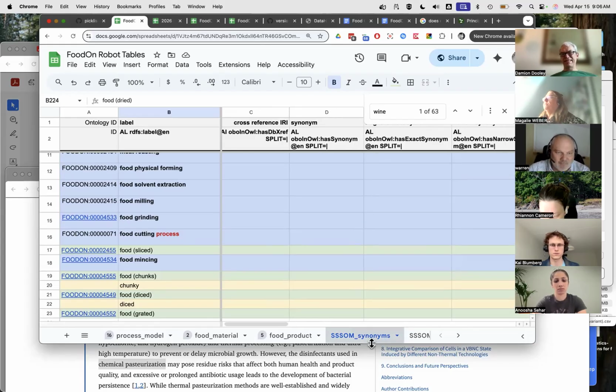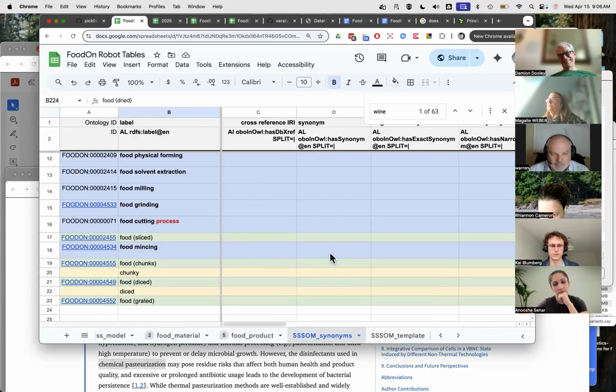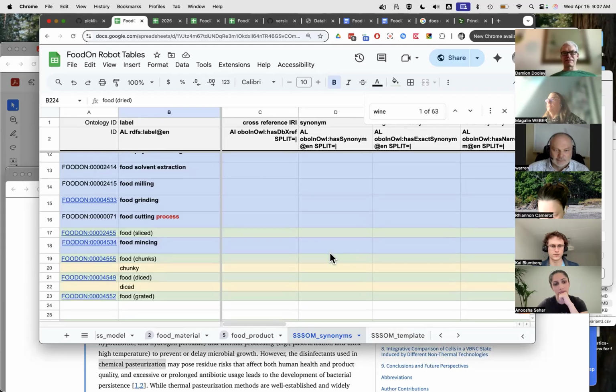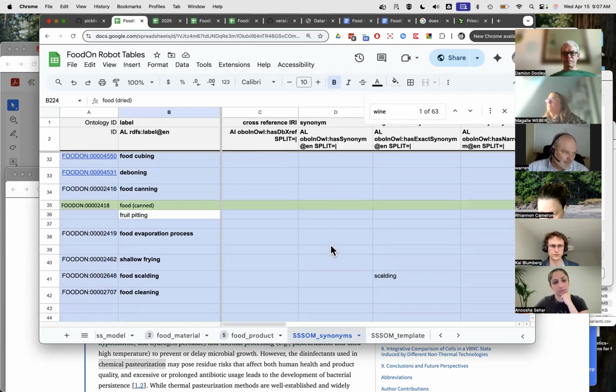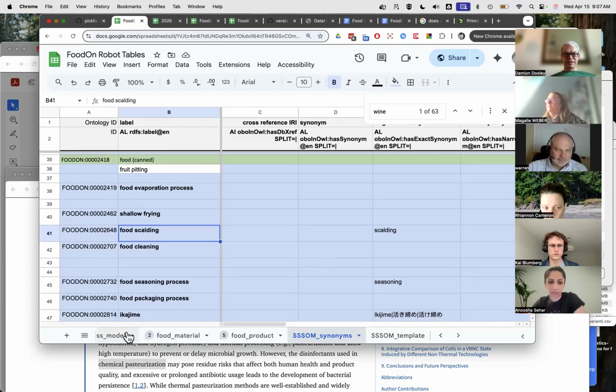And this is a little bit of a staging exercise because the final SSOM table is this template one, and it has a different set of columns. But this SSOM synonyms table so far is just taken from the other tables as is in terms of the columns. So I'm not going to dwell on that at all now. So that's just a rough orientation about some of the moves I made in the last week.